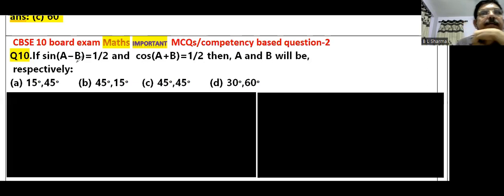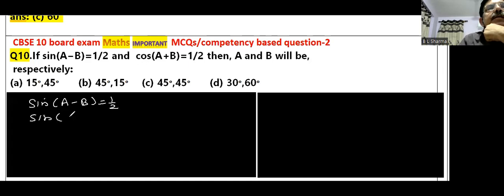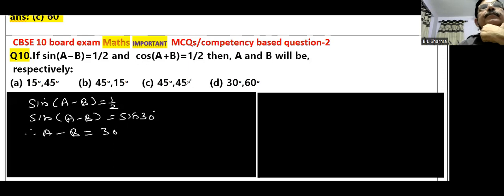Sin(A minus B) is 1 by 2. It is given sin(A minus B) is 1 by 2, and 1 by 2 is the value of sin 30 degrees. Therefore, A minus B is 30.